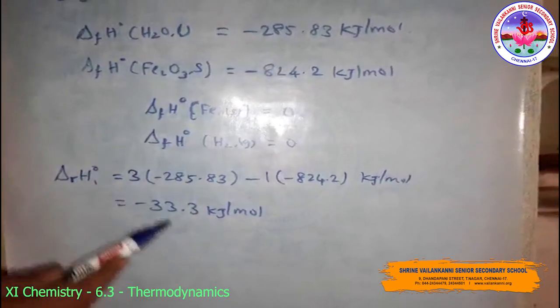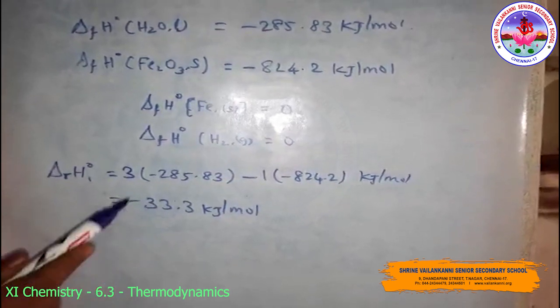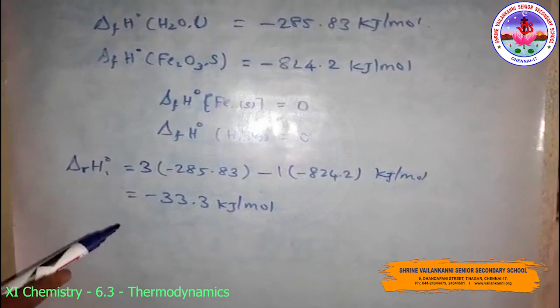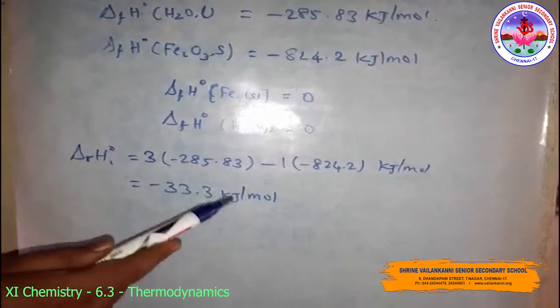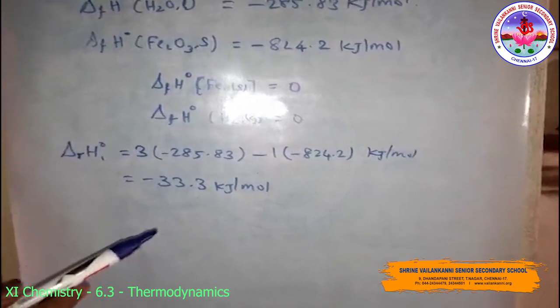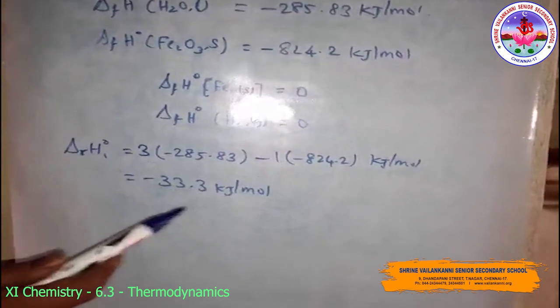Note that the coefficients used in this calculation are pure numbers equal to the respective stoichiometric coefficients. So the unit is kilojoule per mole, which means per mole of reaction. Once we balance the chemical equation in a particular way, that equation defines the mole of reaction.